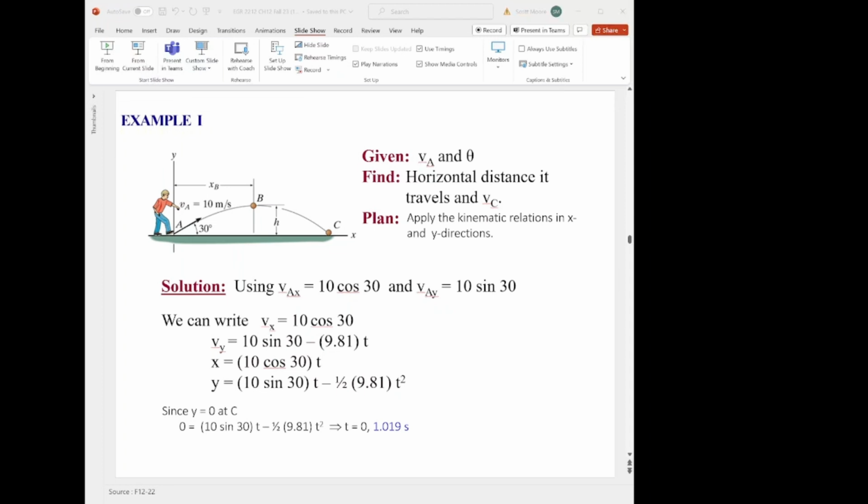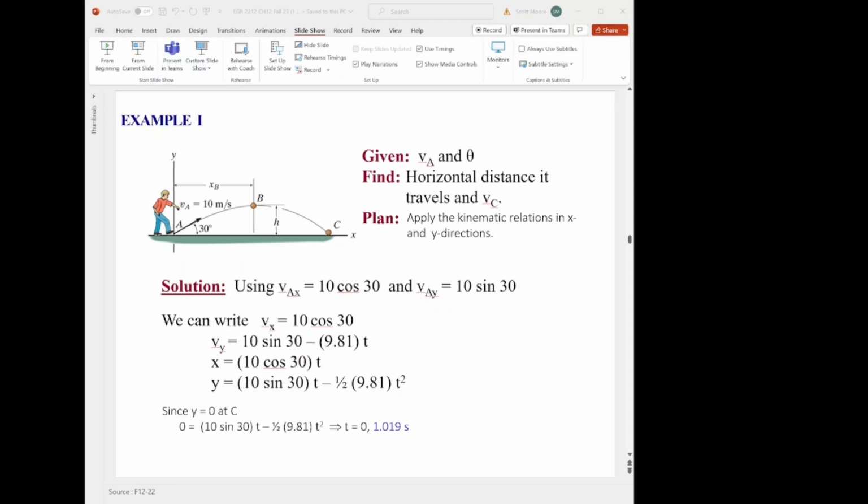So you'll notice here that in order for us to determine the horizontal distance traveled, we need to solve for t. Now, if we look at the equation for the y position, you'll notice that at this point, the position in the vertical direction is going to be equal to 0.